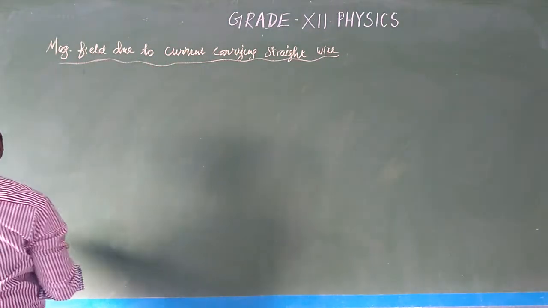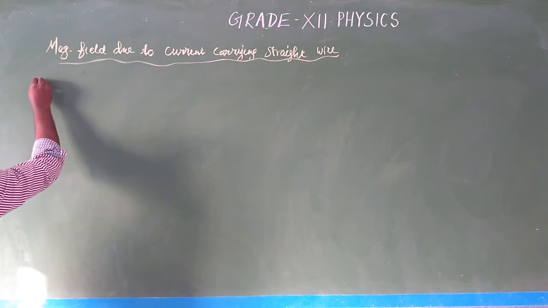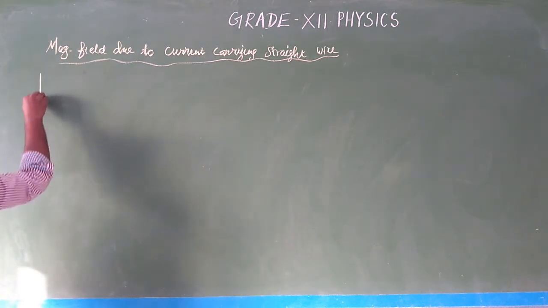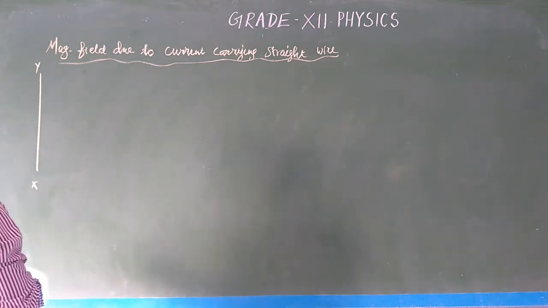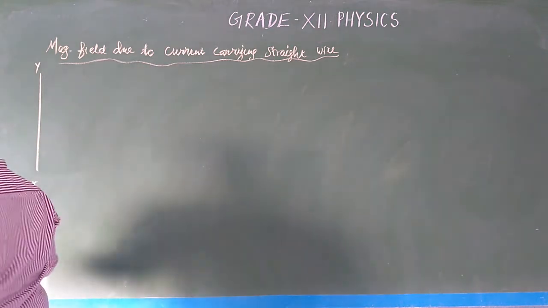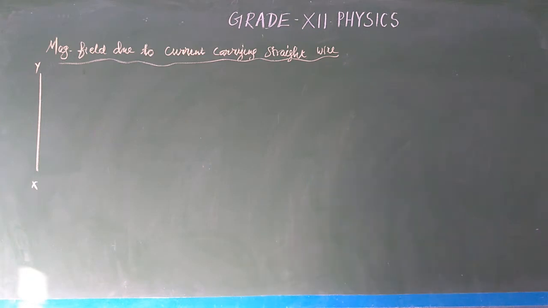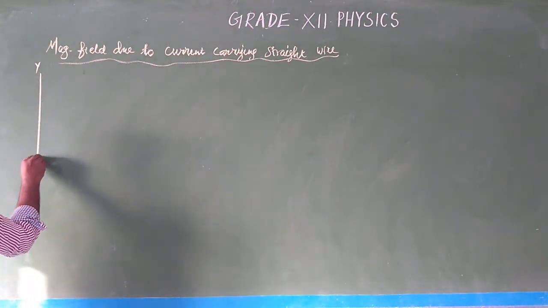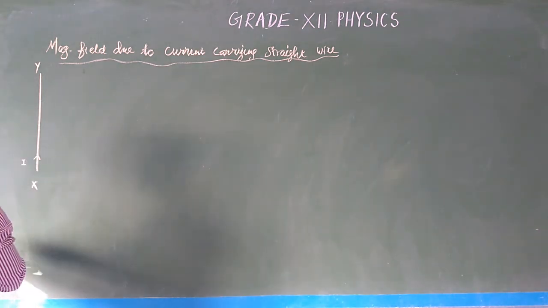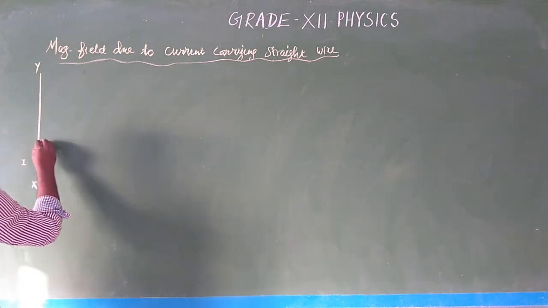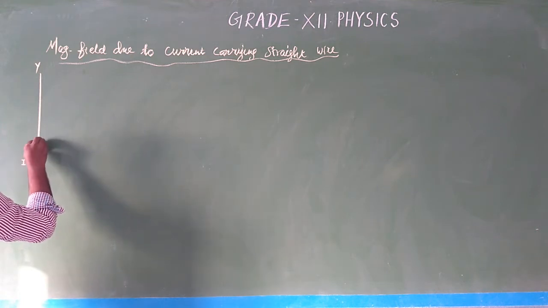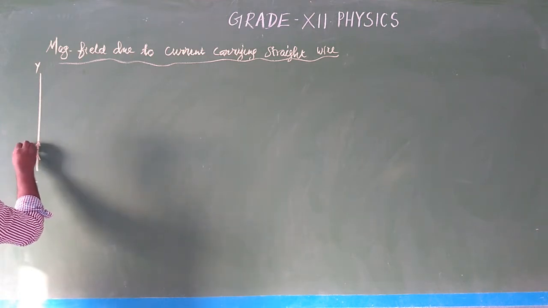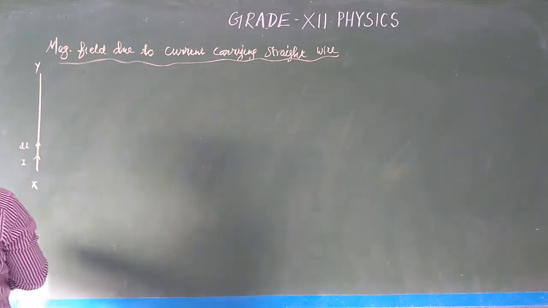Okay, let us consider the wire XY. XY is a straight wire which carries the current I. So I is the current flowing through this straight wire. So when this current flows through the straight wire, let us take a small current element dl. So let dl be the small current element.